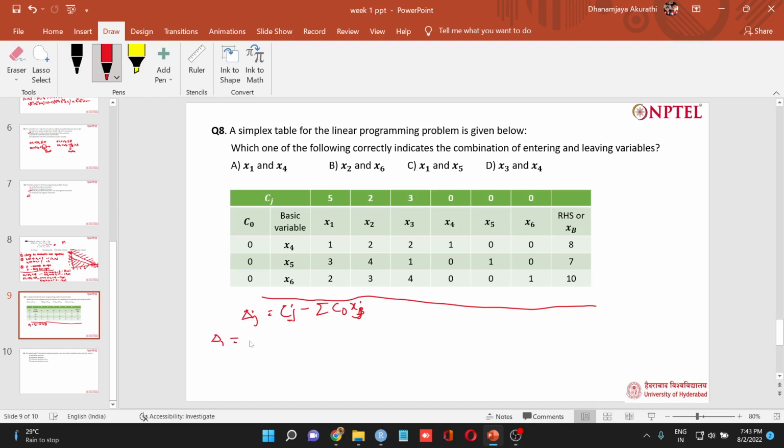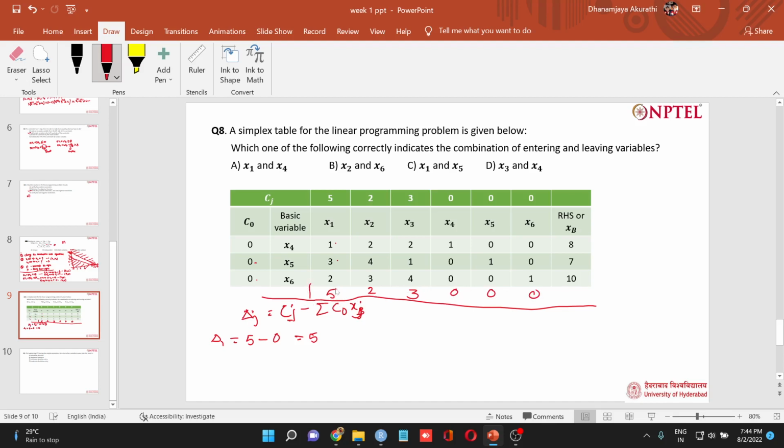So delta 1 is equal to 5 minus the summation of C naught into xj, meaning 0 into 1, 0 into 3 plus 0 into 2. Finally we get 0, so here we obtain 5. In the same way, 2 minus 0 into 2, 0 into 4 plus 0 into 3. Finally we get only 2, and here we get 3. In this way you can easily say that 0. And these are the deviation values.